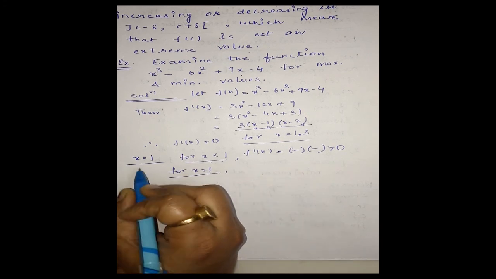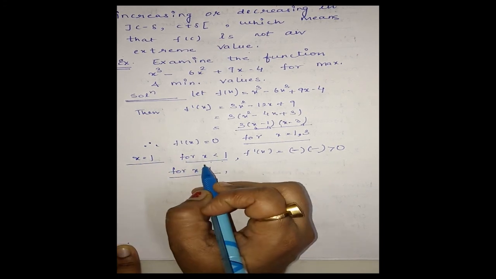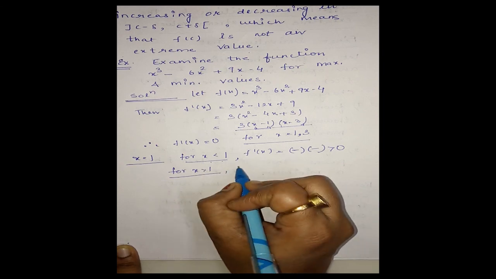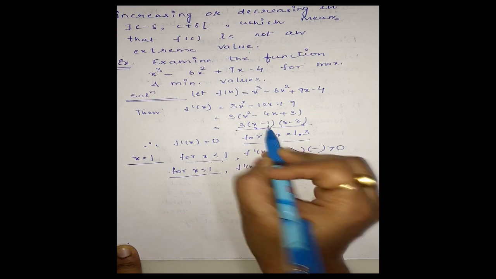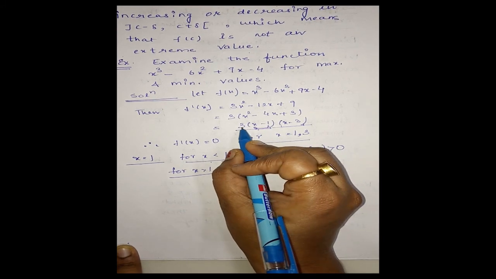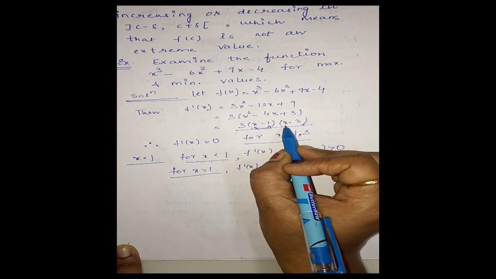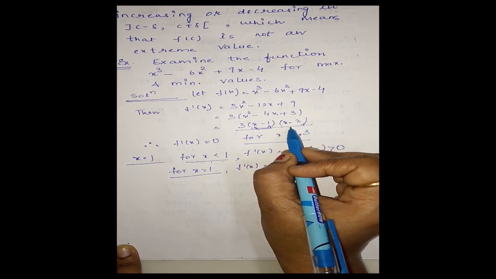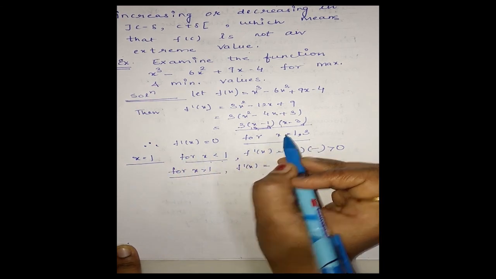Now for x greater than 1, we are in the neighborhood of 1, taking values slightly less than 1 and slightly more than 1. When x is greater than 1, the first bracket will be positive, and 3 is positive always.